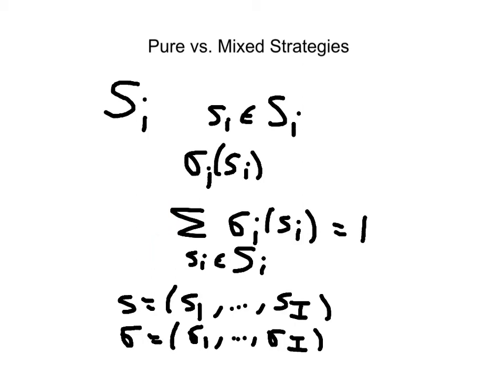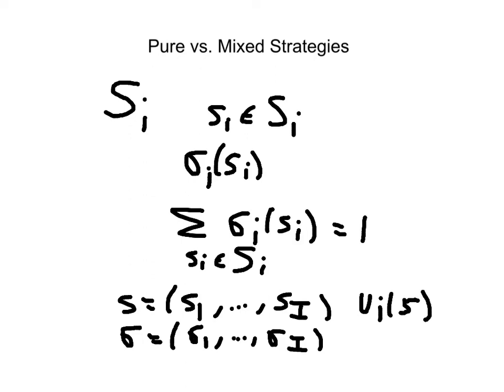Now, whenever we look at a profile of pure strategies, we know what the payoffs are for all the players, and let's say that player I's payoff, given this particular profile of pure strategies, is U_i(s).